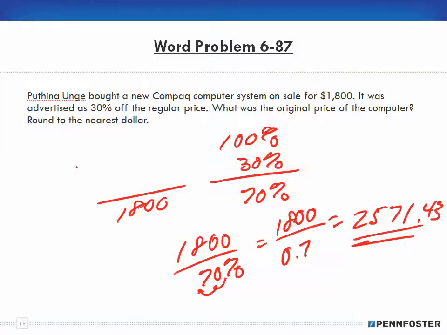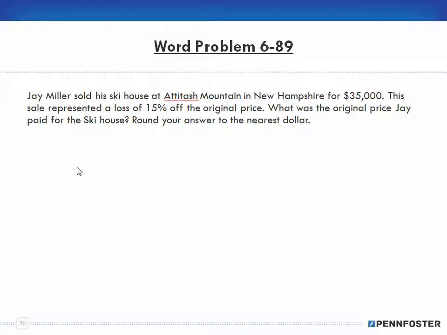Next problem, 6-89. Jay Miller sold his ski house at a mountain in New Hampshire for $35,000. This sale represented a loss of 15% off of the original price.